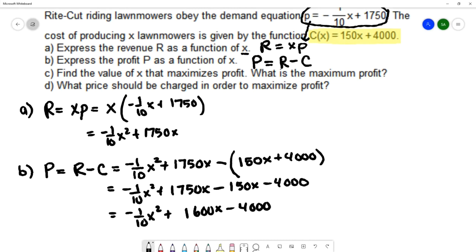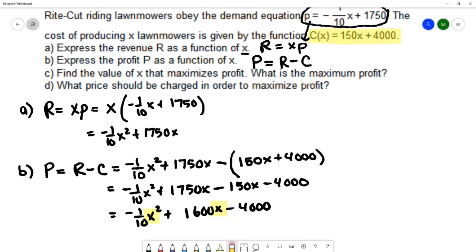So we now have the profit function. Profit as a function of x, which means that x is the only variable in that function. So in the next part, it says find the value of x that maximizes profit.